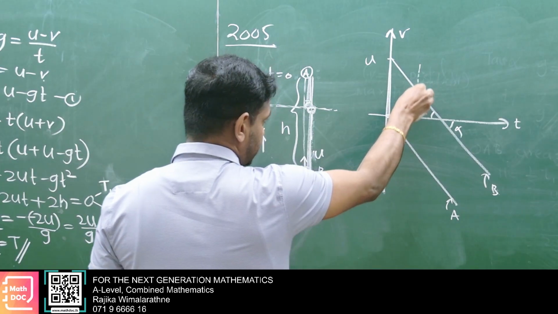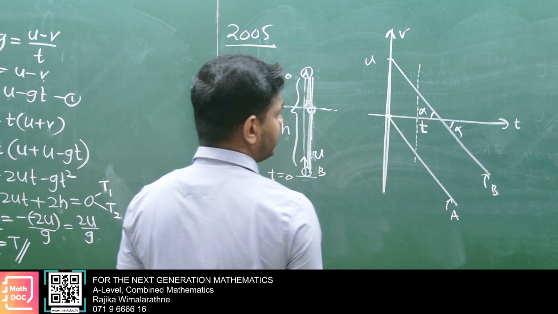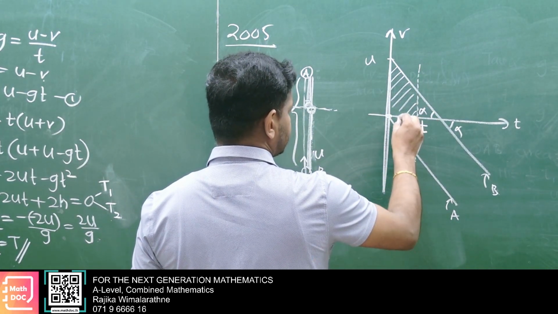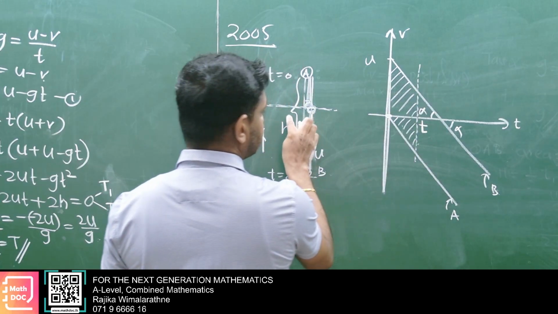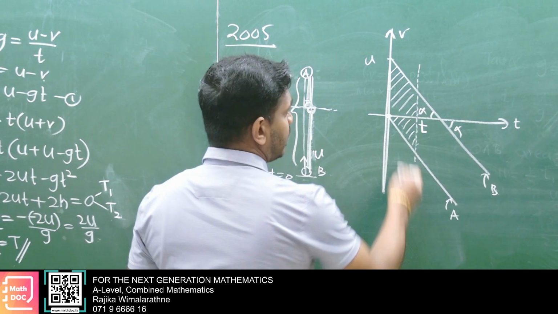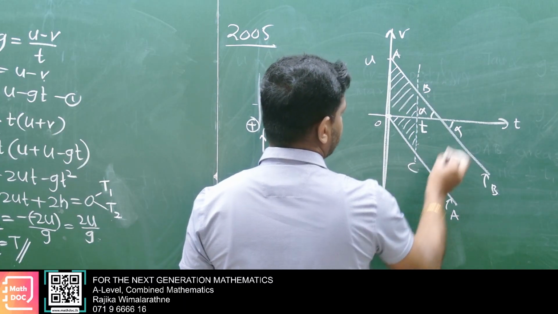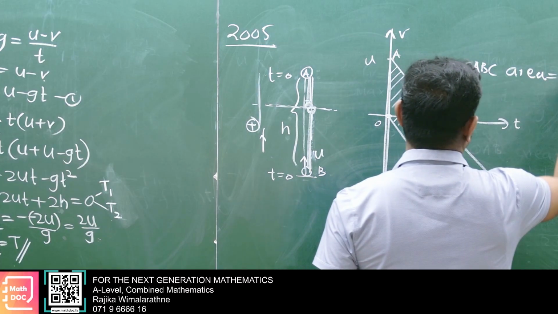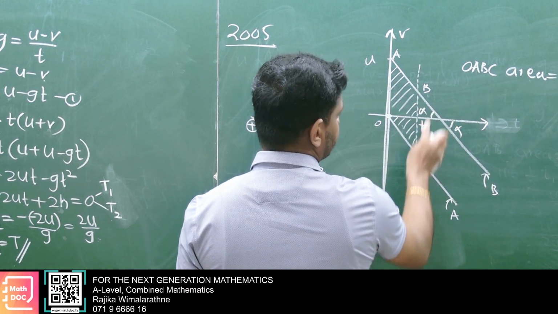Therefore you take a general time, let's say simply t. Then this one has an upward displacement and this one a downward displacement, so the total displacement is simply h. When you consider this area, the area OABC equals h. OABC is a parallelogram, no?